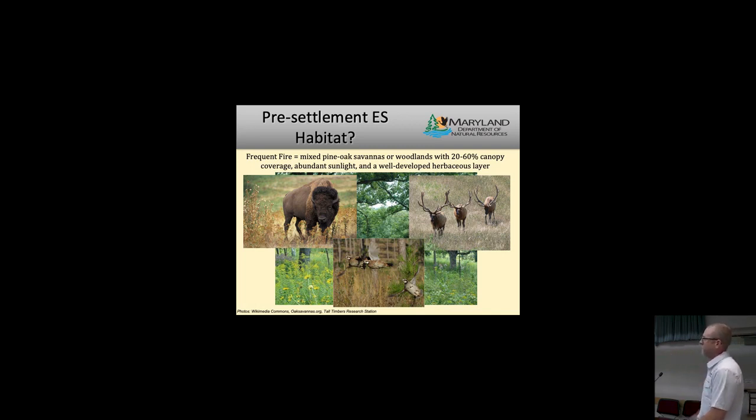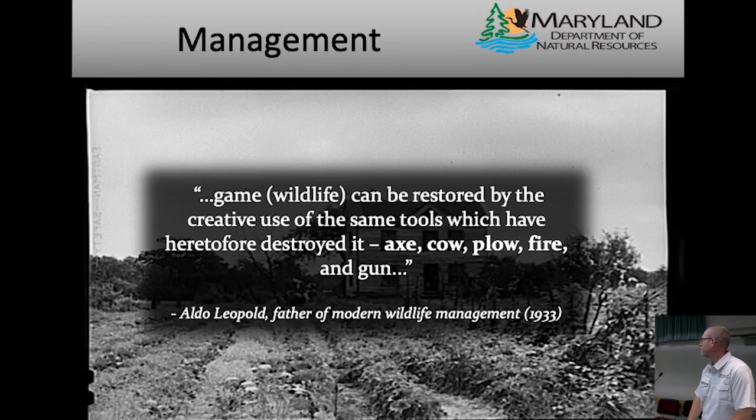Probably most of the state would have looked something like this. It would have resulted in a mixed pine oak savanna or woodland with abundant sunlight and a really good, well-developed layer of vegetation at ground level. And of course, we had large grazing herbivores, which would have further altered that, and it probably would have been really good habitat for things like bobwhite quail.